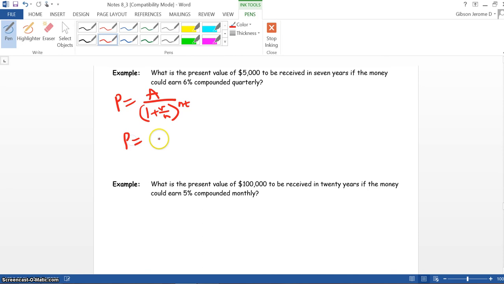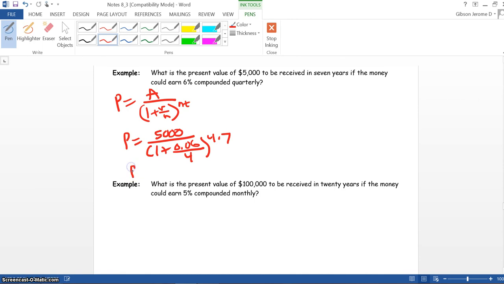So we have P is equal to, future value is 5,000. We have 1 plus, the rate is 6% or 0.06, all over, this was compounded quarterly, so it would be divided by 4. And we will have 4 times 7, because N is 4 and 7 is the time, how many years it would be.